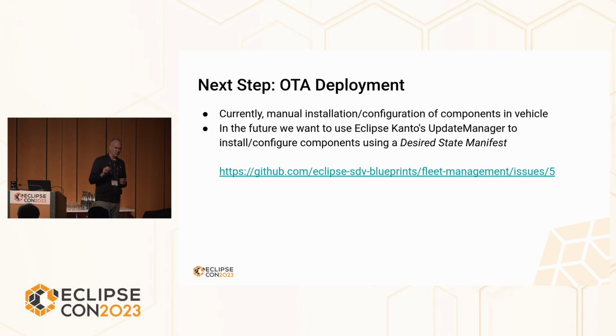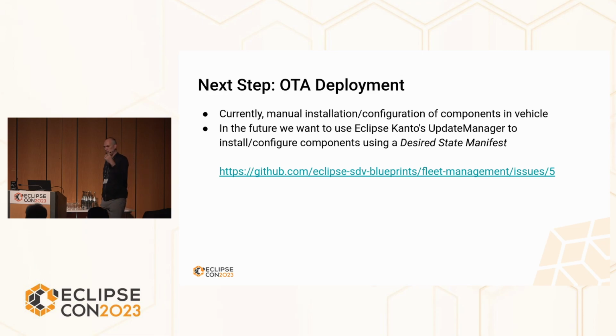But Eclipse LEDA, and in particular the Eclipse Canto project, also provides means to remotely deploy software on the vehicle. So how this works is the vehicle is connected to an uplink in the cloud where it can receive commands. And one of those commands, for example, is a thing called a desired state. It defines a set of software components that you want the vehicle to run.